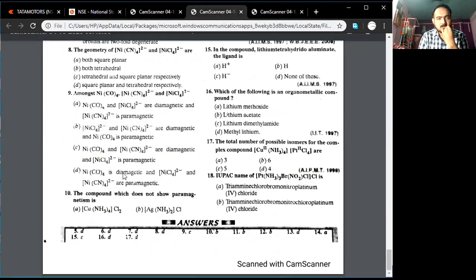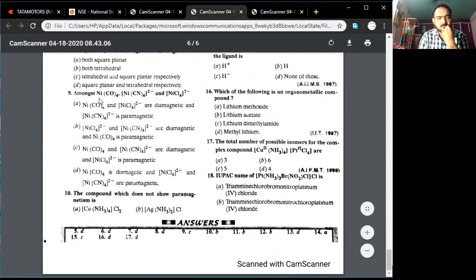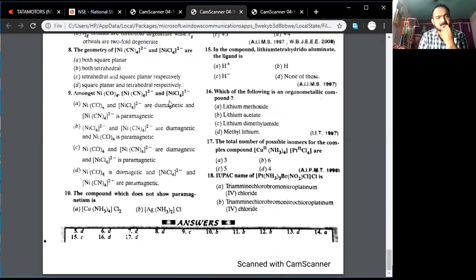No, this is an easy question. It is in my lecture number 2, I think. Ni(CO)4 is sp3 and diamagnetic. [Ni(CN)4]2- is also diamagnetic, with dsp2 hybridization. [NiCl4]2- has sp3 hybridization. So this one is the correct option: Ni(CO)4 and [Ni(CN)4]2- are diamagnetic, but [NiCl4]2- is paramagnetic.